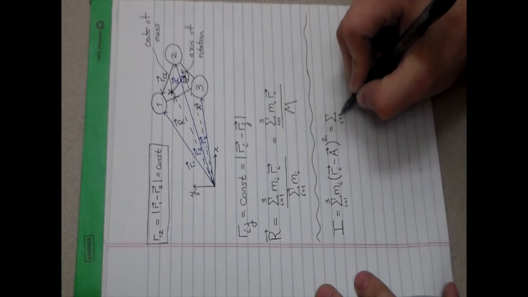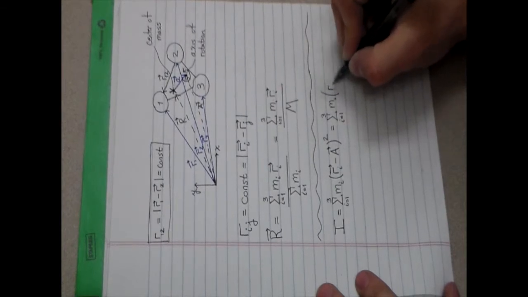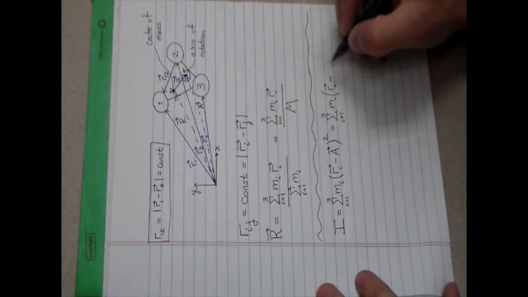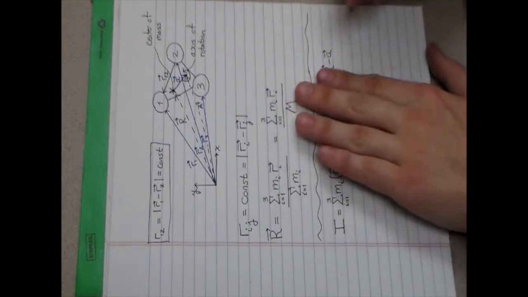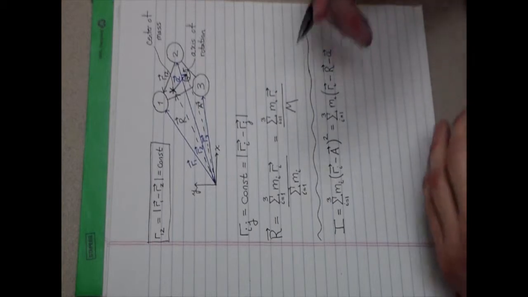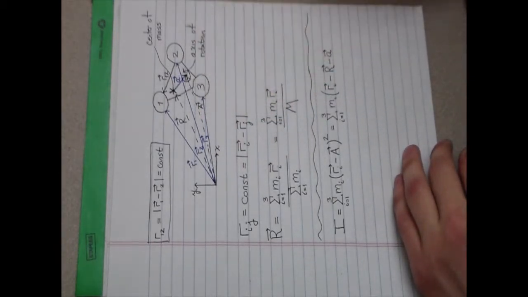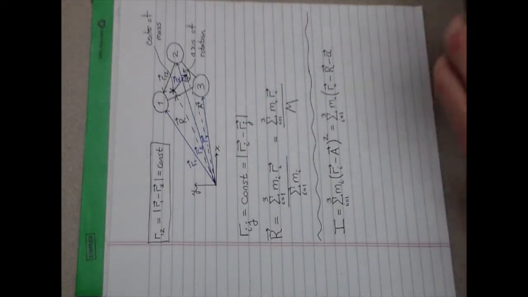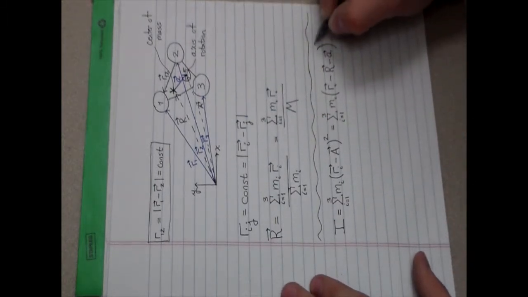So this is really equal to the sum i equals 1 to 3 of m_i times r_i minus, now I rewrite A as I said, so capital R plus little a, because capital R plus little a is just that total vector, capital A. So capital R plus little a is the location of the axis of rotation, squared.